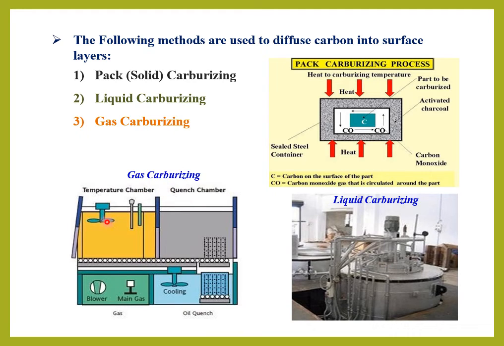Gas carburizing is similar, and it is also used for mass production. Here we can use different gases like ammonia. After heating, it releases carbon and nitrogen atoms, which go and insert into the top surface of the components.